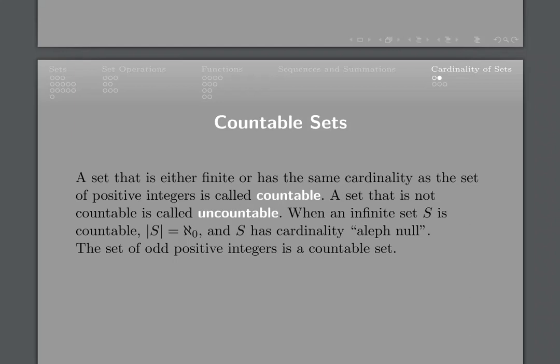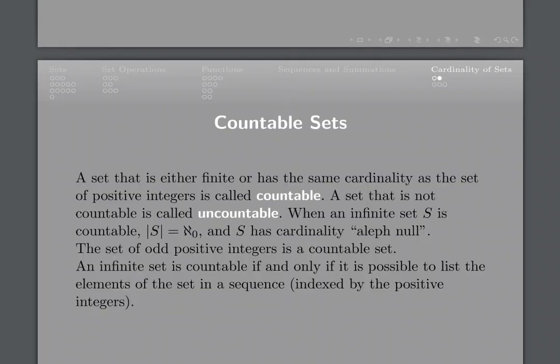Basically, just the map f of n is 2n minus 1. So if n is the set of positive integers, 1 is mapped to 1, 2 is mapped to 3, so on and so forth. So again, for every odd integer you can solve for the index. Every index gives you a different odd positive integer. So one-to-one and onto.